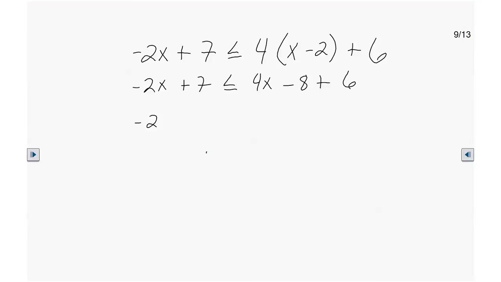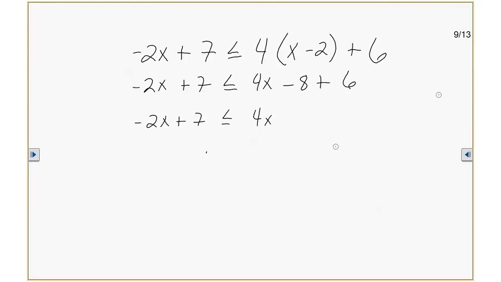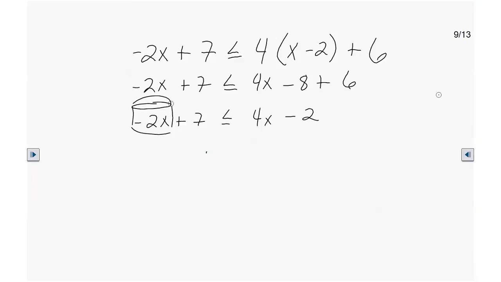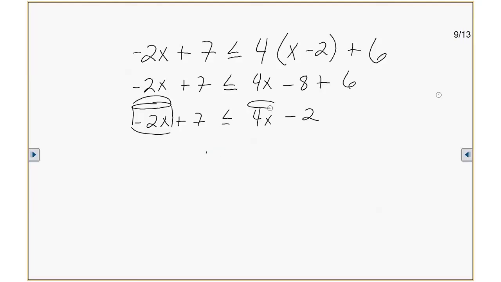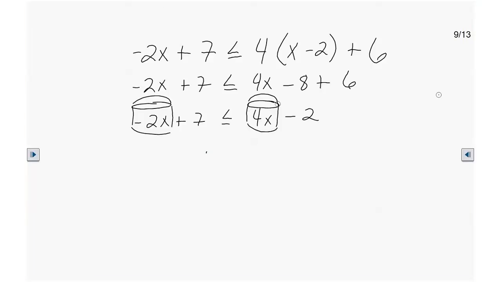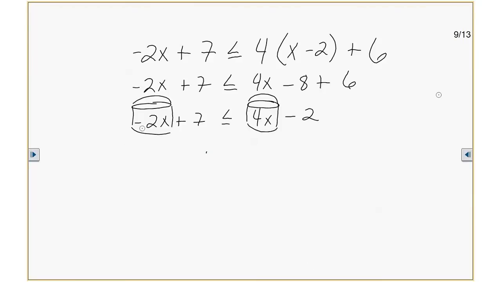Negative 2x plus 7 less than or equal to 4x minus 2. You owe 8, you have 6. What's the outcome? You still owe 2. Now, where's the smallest bucket? Which one's smaller? Negative 2x. I'm going to bring it across the river.